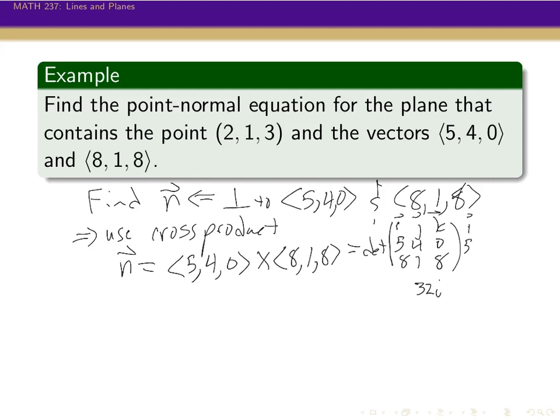Let me copy these out. j times 0 times 8, that's just going to give me 0. k times 5 times 1 is going to give me 5k. Going the other way, I have 8 times 4 times k, and it's this minus 8 times 4 times k, which is going to give me 32k. 1 times 0 times i is going to give me 0i, and then 8 times 5 times j is going to give me 40j.